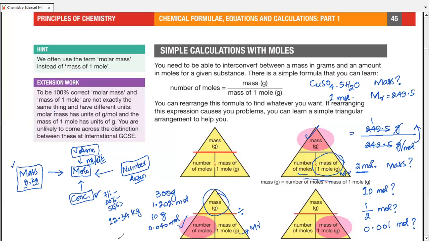So, how many grams are there in 1 kilogram of a substance?